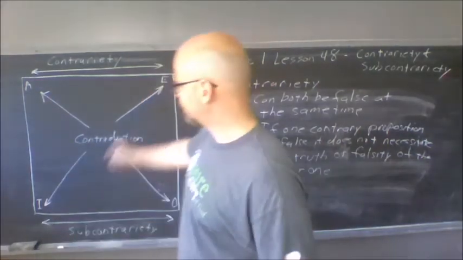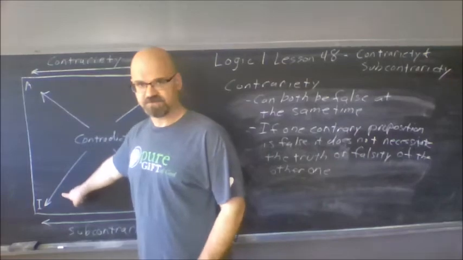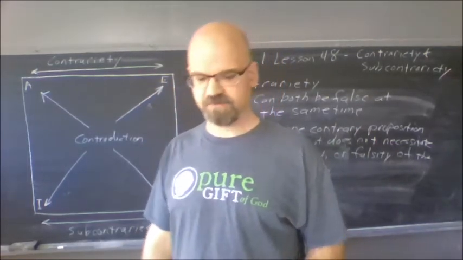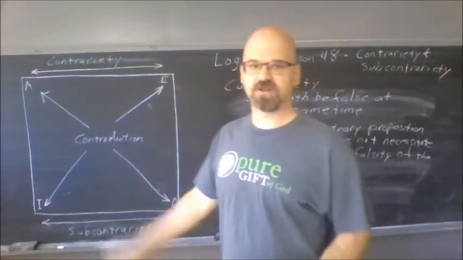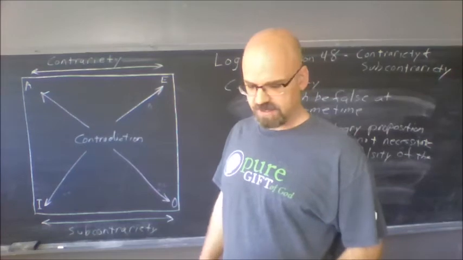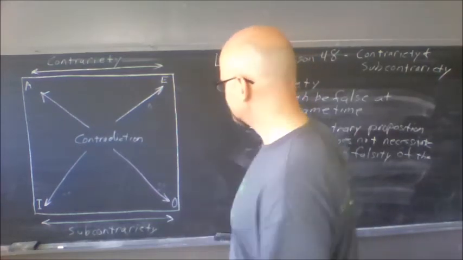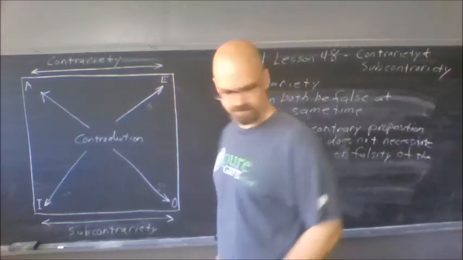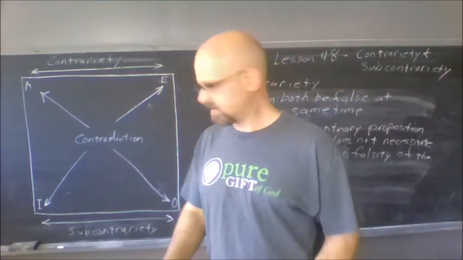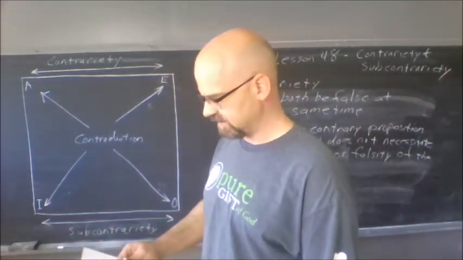So let me give you some examples. Again, contradiction. If this one's true, this one has to be false. If this one's false, this one has to be true. That's contradiction. So if I give you an example of contradiction, some cows are carnivores. That would be an O statement, I believe. No, not an O statement. That would be an I statement. Yeah. So if I say some cows are carnivores, that's an I statement.